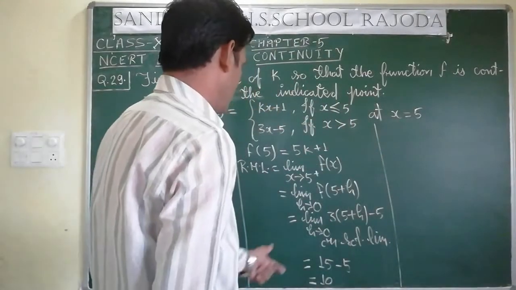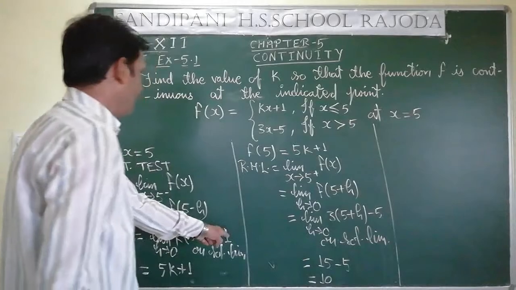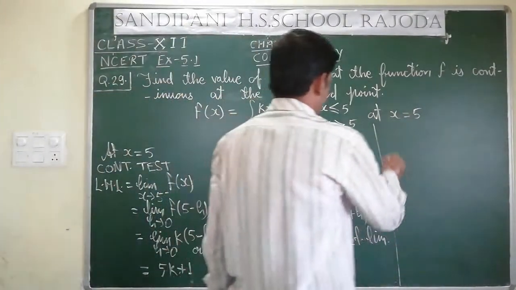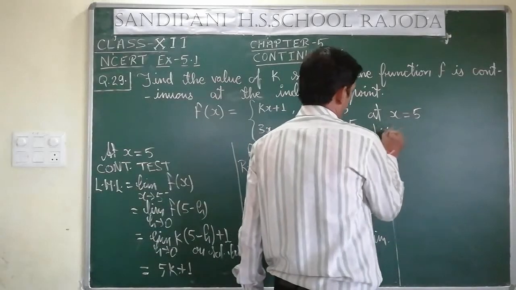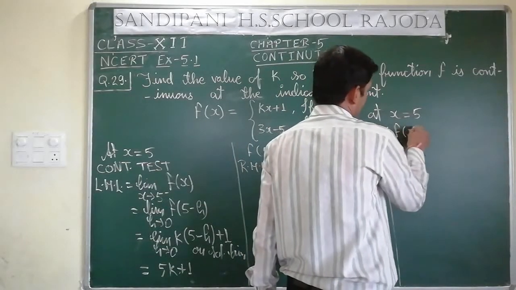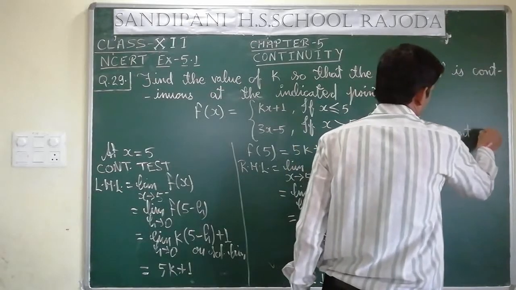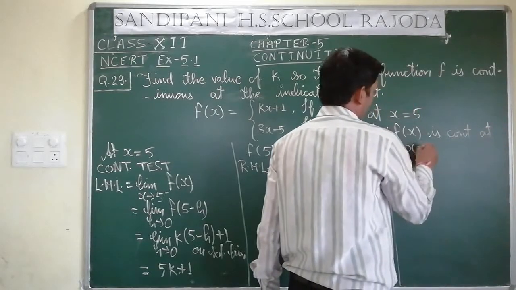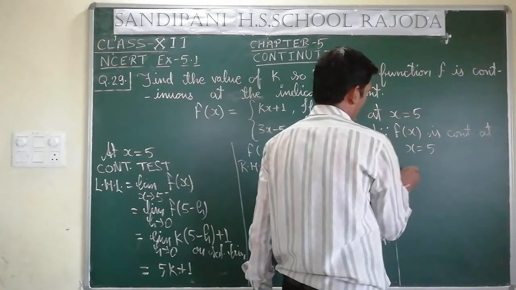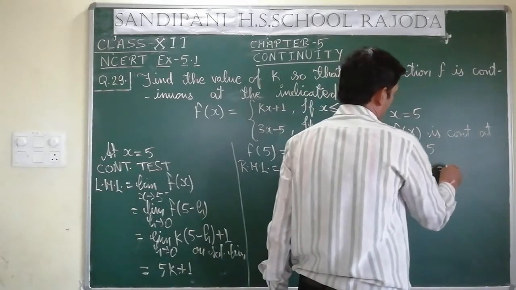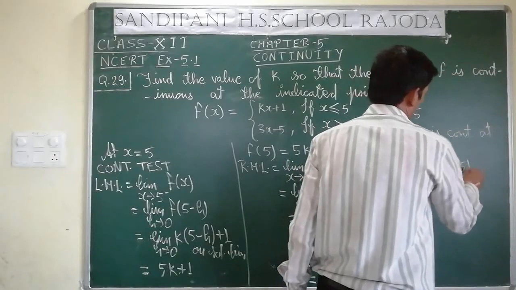So it is 5k plus 1 here, and here it is 10, because f of x is continuous at x is equal to 5. Therefore LHL is equal to f of 5 is equal to RHL.